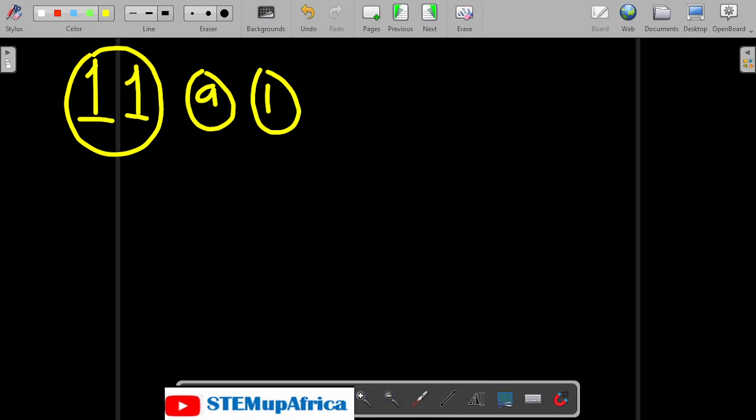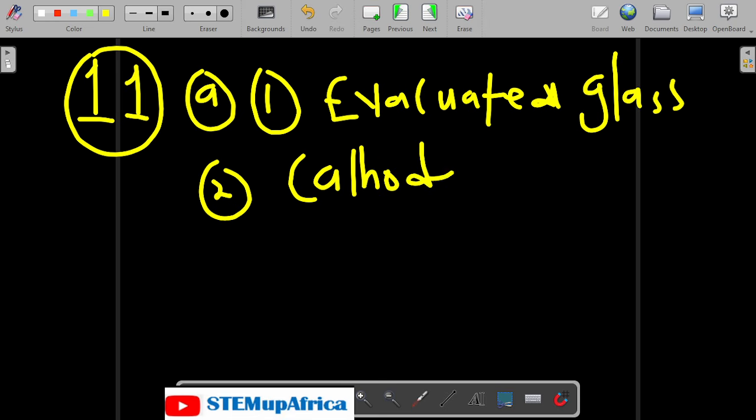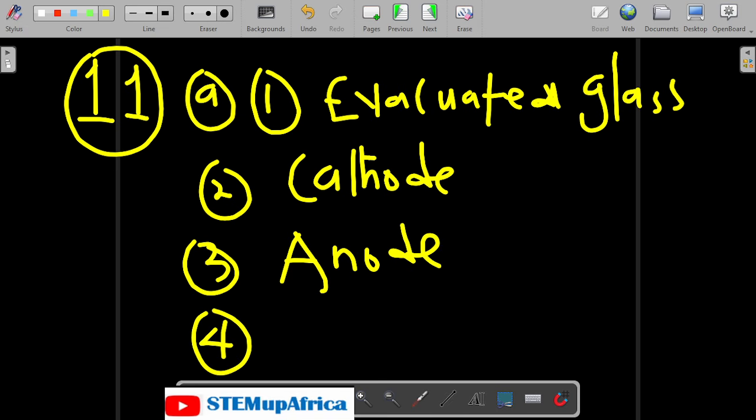Number one, we have the evacuated glass. Two, we have the cathode. Three, we have the anode. Then four, we have the terminals. So any of these can serve.